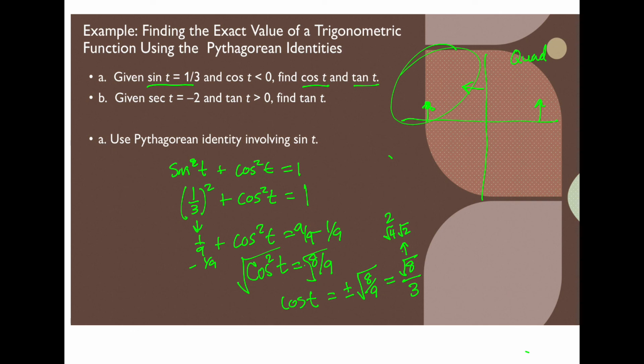That becomes 2 root 2. So 2 square root of 2 over 3 is the cosine of t. And that's half of what I'm after.